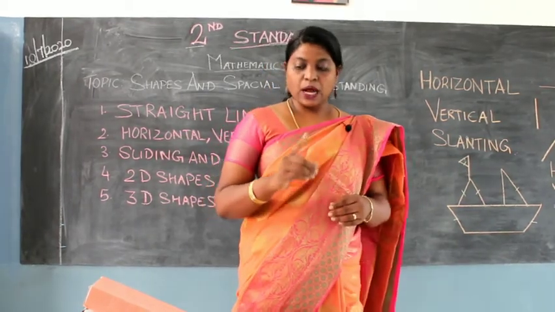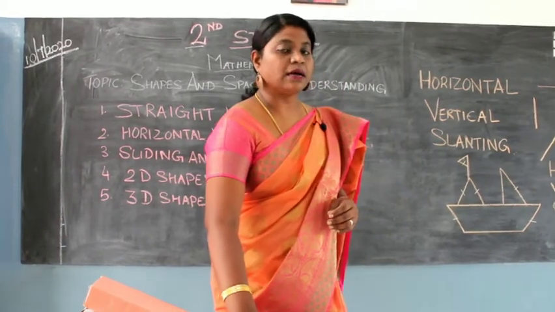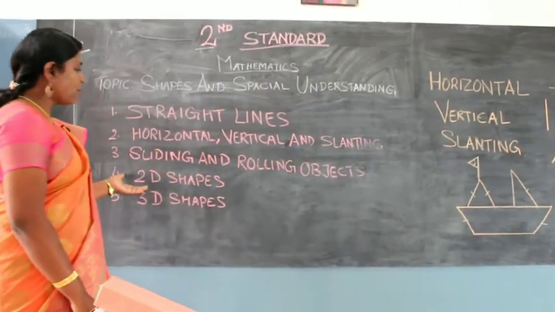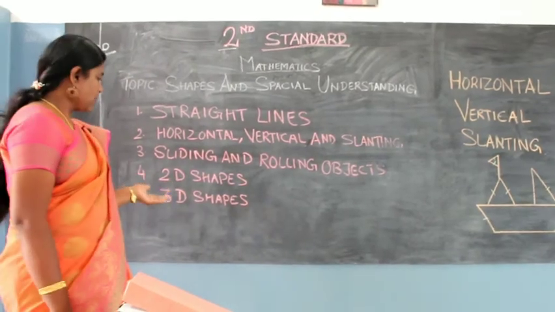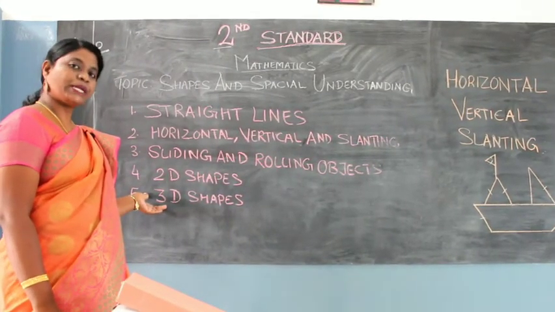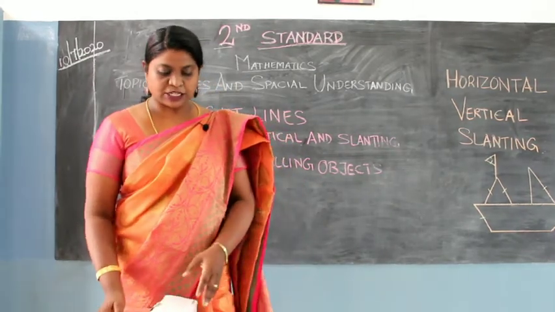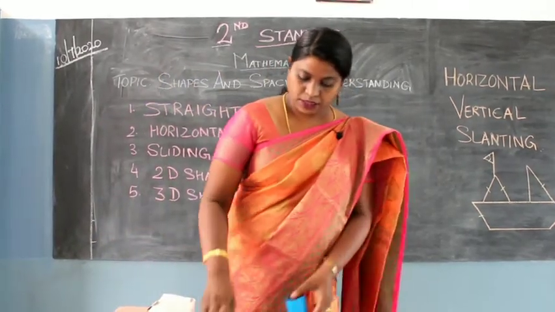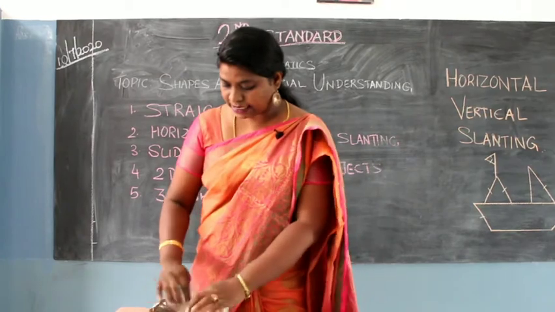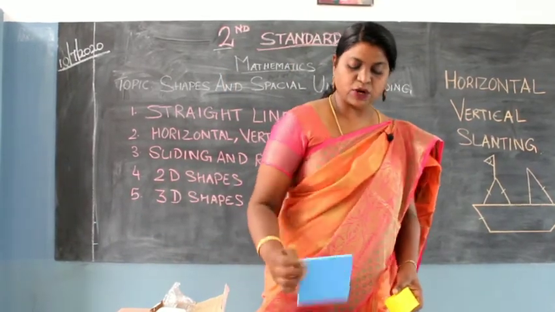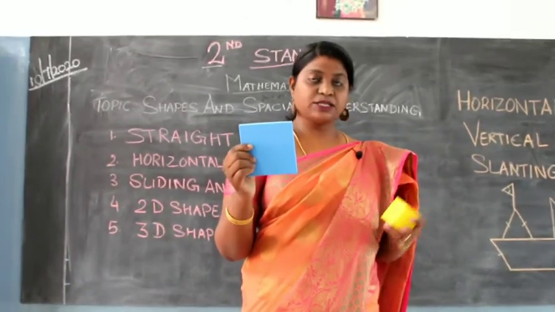Wonderful, good. Now I'm going to show you three-dimensional objects as well, because now you already know about the two-dimensional shapes. You have to also learn about the three-dimensional shapes. So here I have got some three-dimensional shapes for you. Okay, let us start from the cube. See, this is your square, this is your cube.